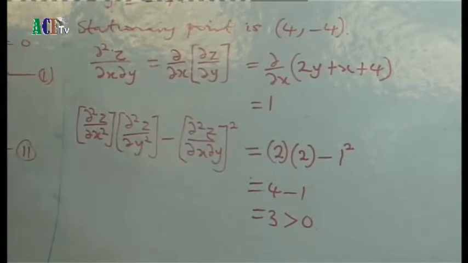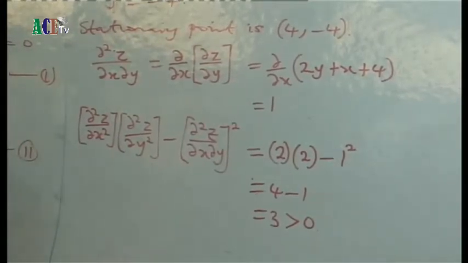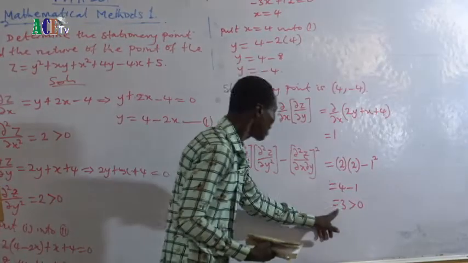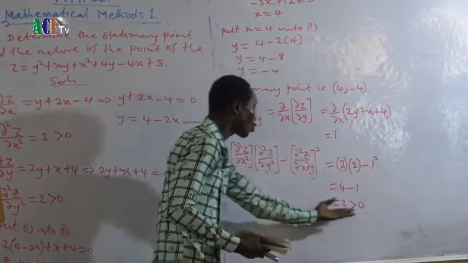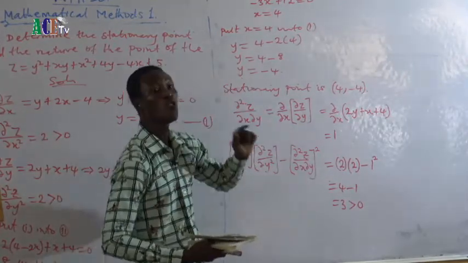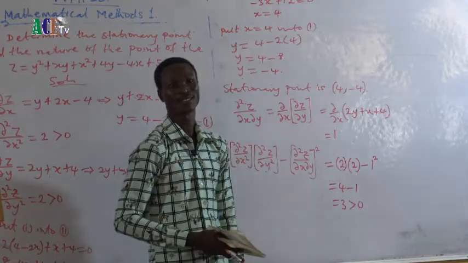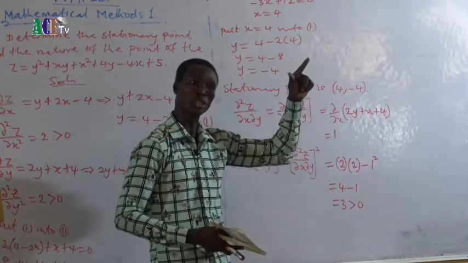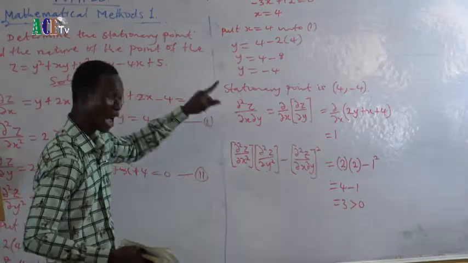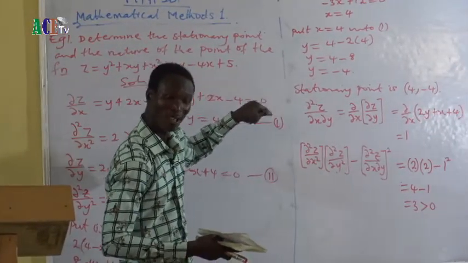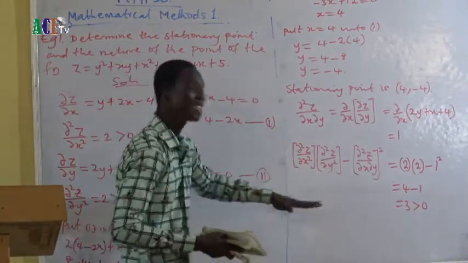Both second derivatives of this function, with respect to x and with respect to y, are positive. And the value of this expression also is positive, which means the second condition has been satisfied. So the second condition I wrote under the maximum and minimum product has been satisfied.